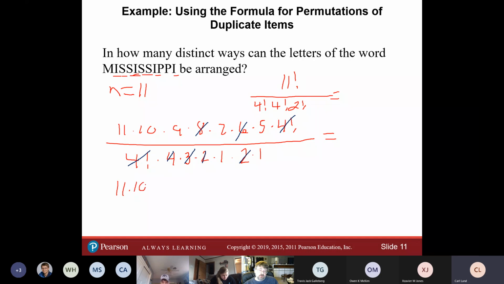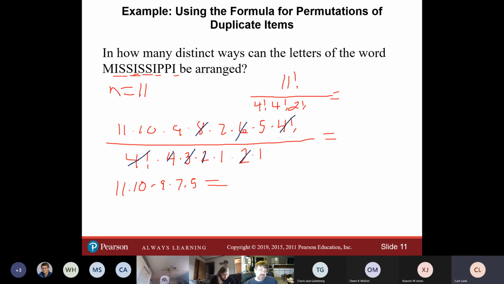Remember, my answer for a problem like this is always going to be a whole number. If my answer ends up being a decimal, I say, oh, it's 22.5 different ways. Something went wrong. I canceled wrong. So that's a way to sort of check your work and see, is your answer reasonable?